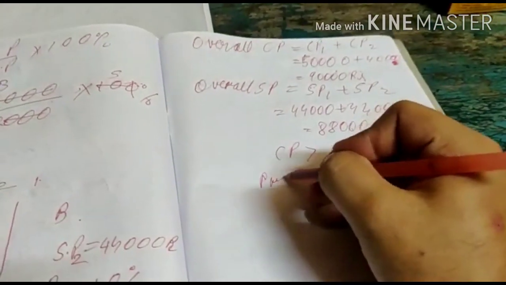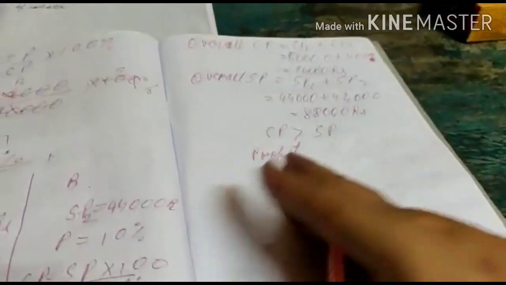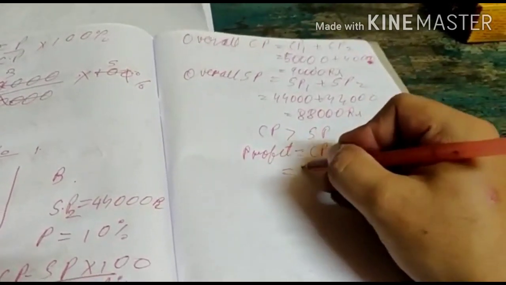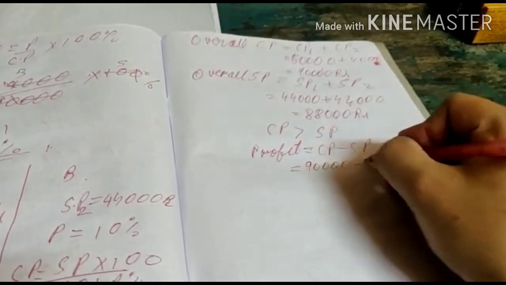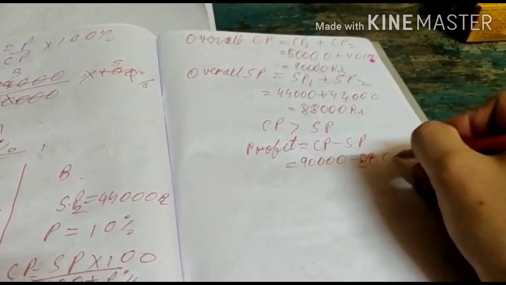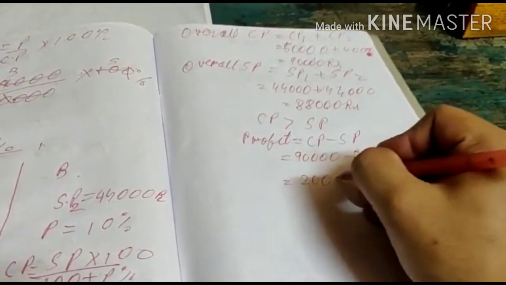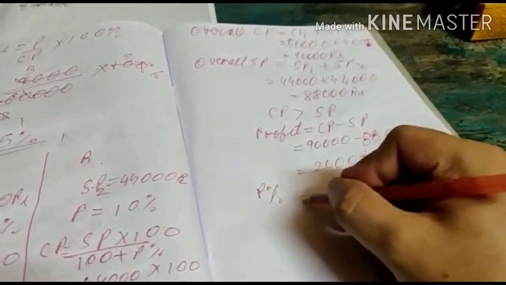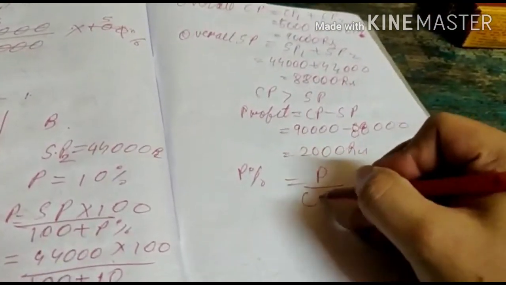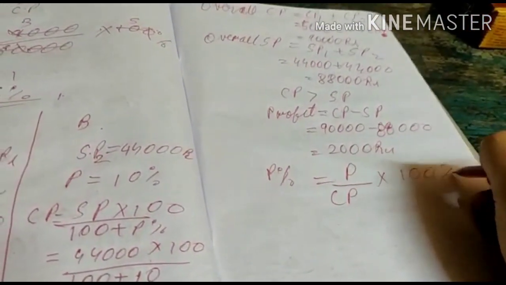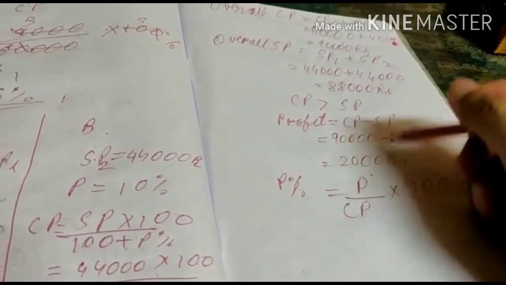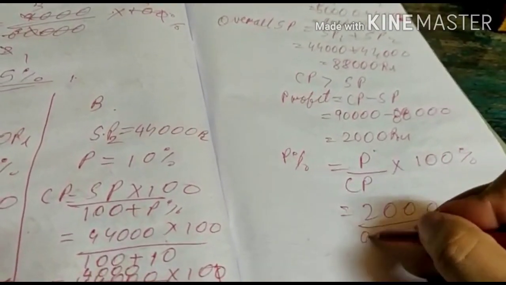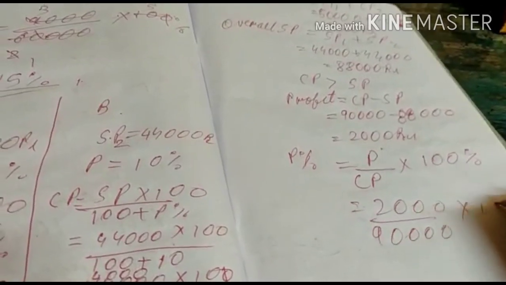Here CP is more than SP, as 90,000 is more than 88,000. So if CP is more than SP, it is a loss. Here loss is equal to CP minus SP, that is 90,000 minus 88,000, so 2,000 rupees is the loss. We have to find loss percent. It is calculated as loss upon CP into 100%. This is the overall loss, and overall CP is 90,000.